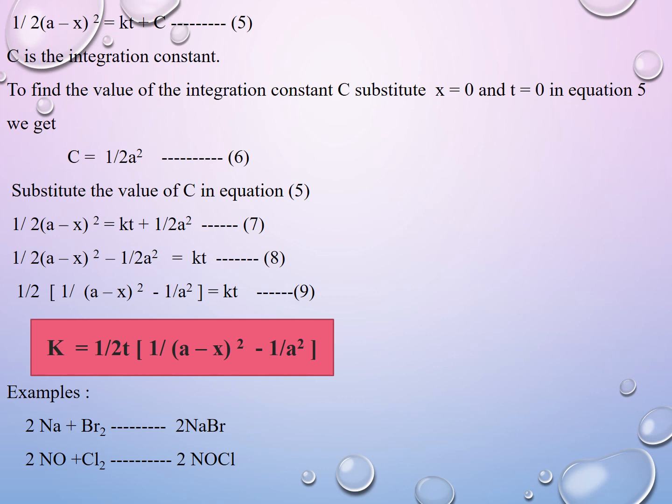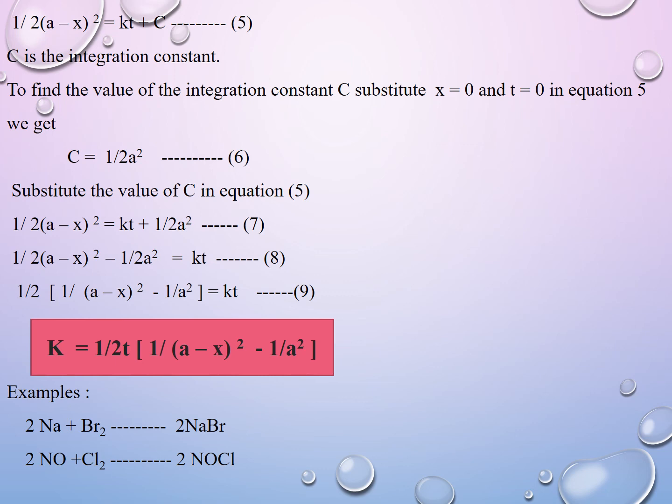Hence we get the value of c as 1 by 2a square. Now substituting the value of c in equation 5, we get 1 by 2 into (a minus x) the whole square is equal to kt plus 1 by 2a square.